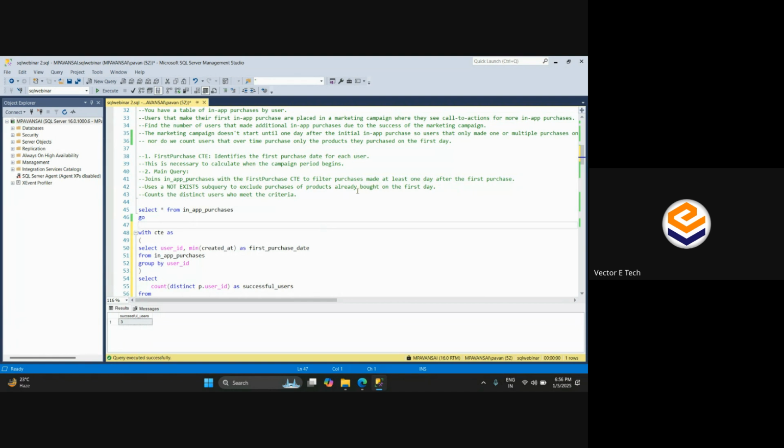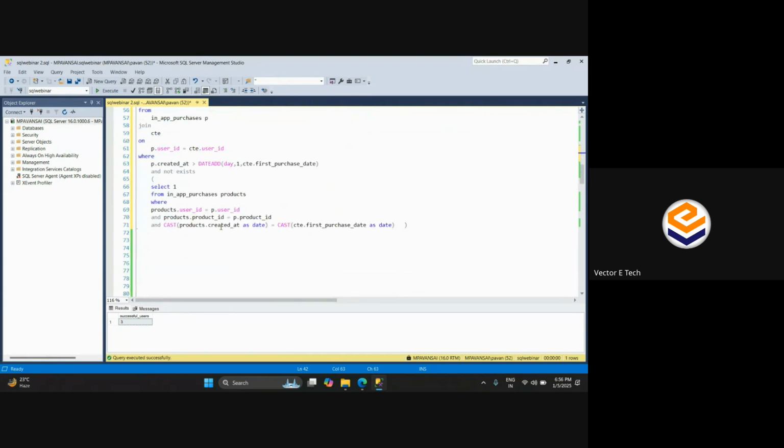Second, those who had already bought on the first day must be excluded. So those user IDs who purchased on the first date, I'm excluding by mentioning that not exists condition. One more condition is the date must be greater than the first day of purchase. Right? Is it understandable, everyone?